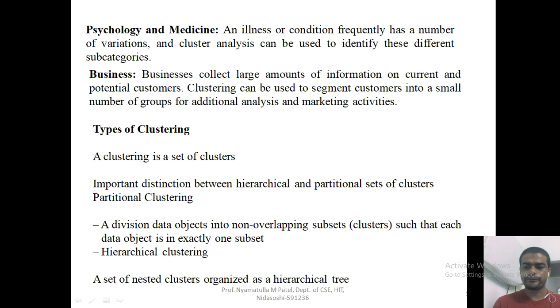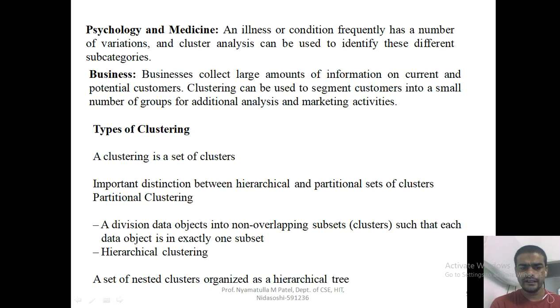For example, if I have 5 different clusters and one object belongs to cluster number 1, it should belong only to cluster number 1. It should not be a part of cluster number 2, 3, 4 and 5, meaning it should not have the properties of the objects present in clusters 2, 3, 4 and 5.